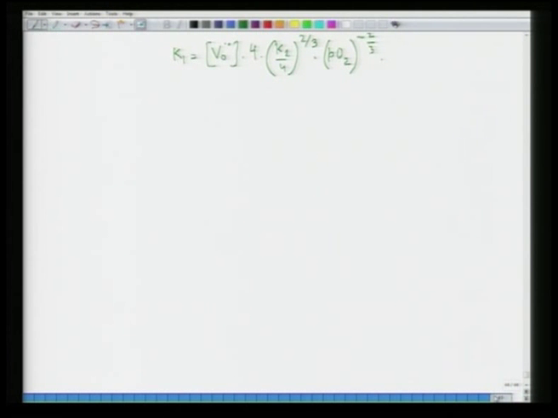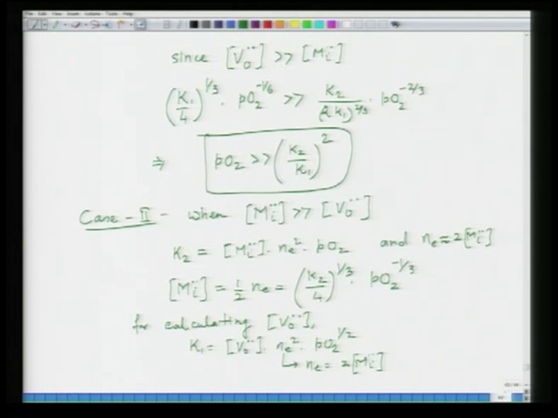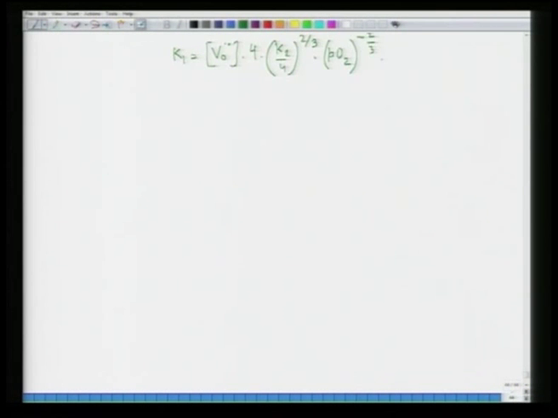If you go to the previous expression, K1 was VO, we have replaced Ne with 2 Mi, and Mi is equal to this. So, we have just replaced this: K2 by 4 to the power 2 by 3 into PO to the power minus 2 by 3 multiplied by 4 multiplied by PO2.